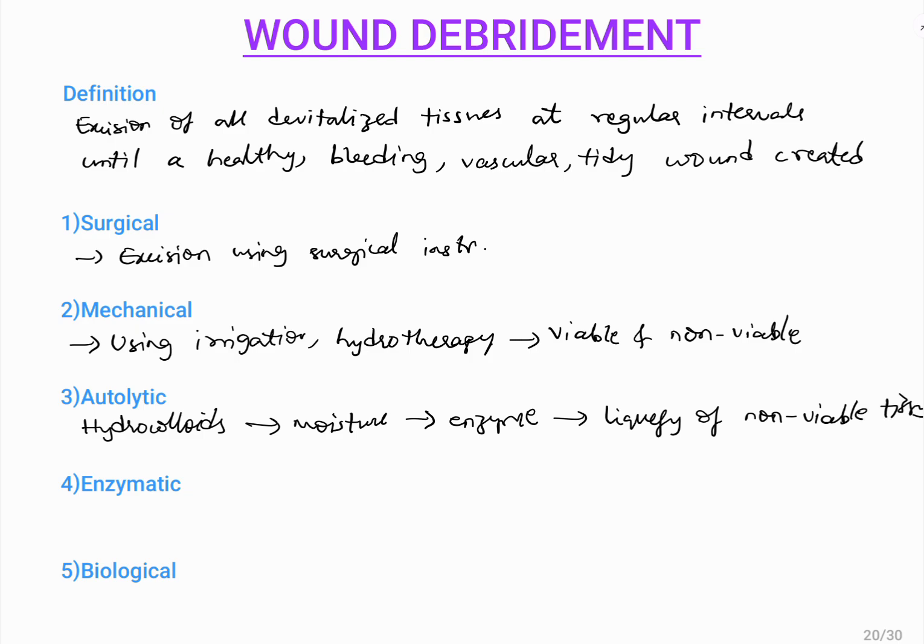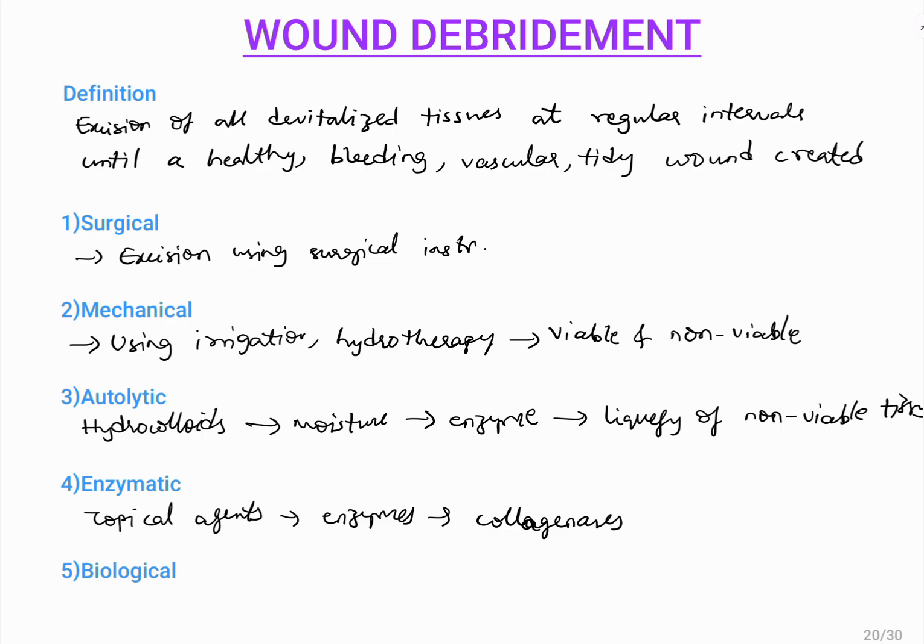In enzymatic type, we use some specific topical agents which contain enzymes like collagenases. These enzymes cause wound debridement.